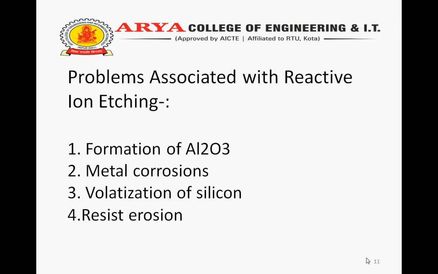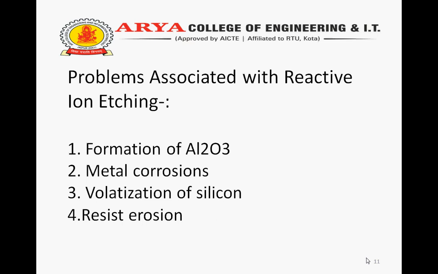Second, metal corrosion. The presence of any chlorinated species should be removed from vacuum chambers, otherwise they react with moisture to form hydrochloric acid HCl, which may lead to metal corrosion. To avoid this problem, the wafer must be dipped into deionized water immediately after etching.